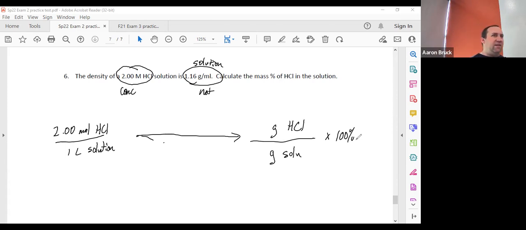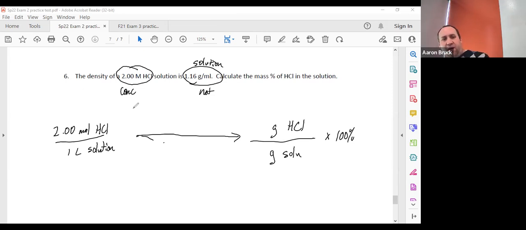So we can think about this as 2 separate sets of conversions. I need to turn the moles into grams, and I need to turn the volume of the solution into grams as well. It'll be easier for you to wrap your head around if you treat them separately and then bring them together at the very end to do the calculation of the percent concentration.